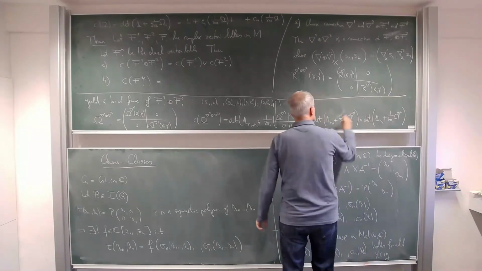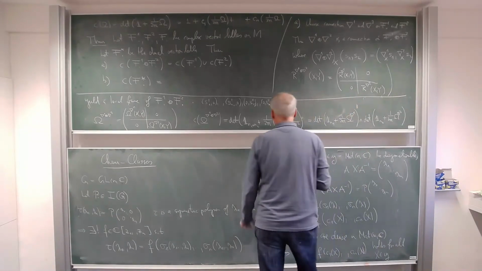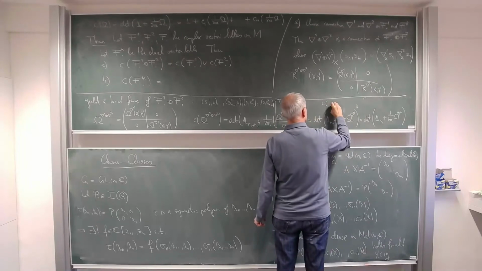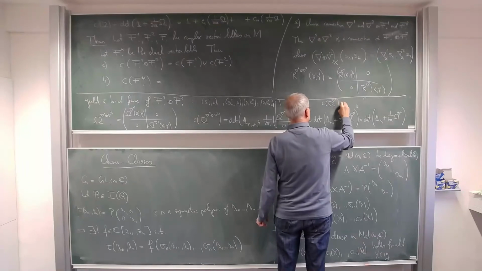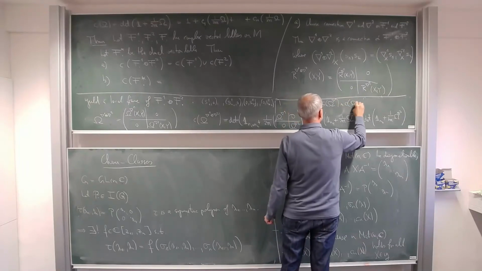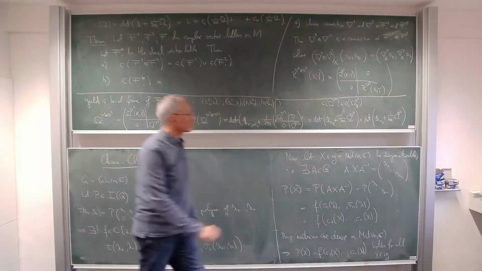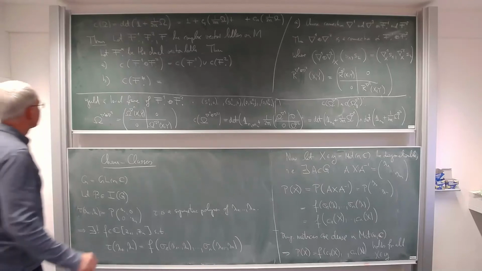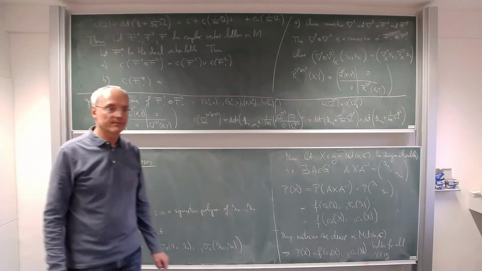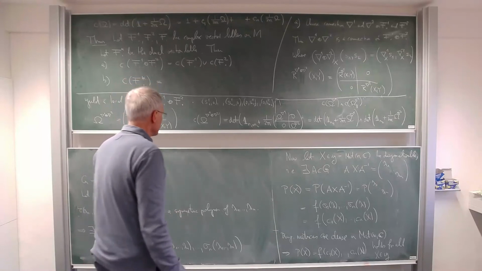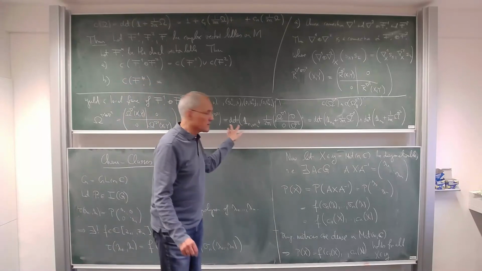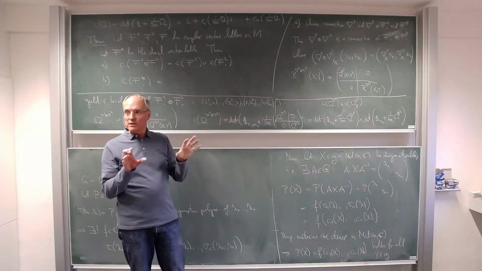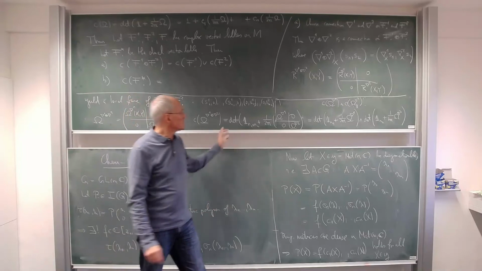And so on the form level, this is C of omega 1 wedge C of omega 2. And this represents the integral class, and this is exactly this formula. So that's a particular property of the determinant that we were using here, right? It was the fact that the determinant of a block diagonal matrix is the same as the product of the determinants of the blocks.